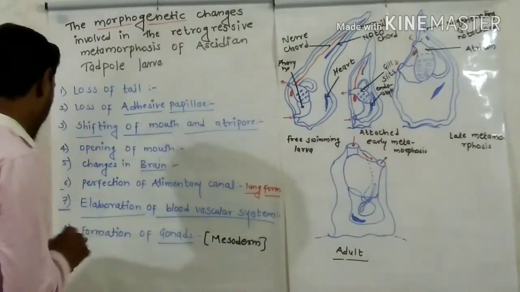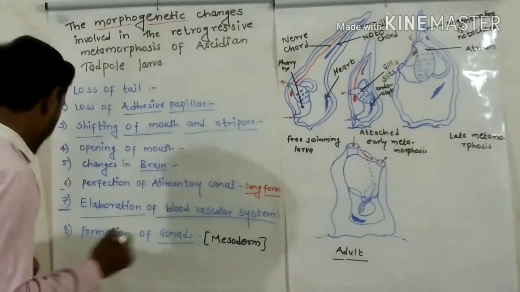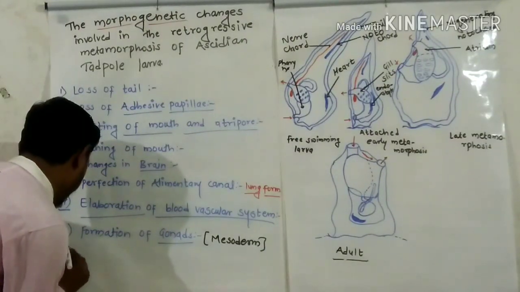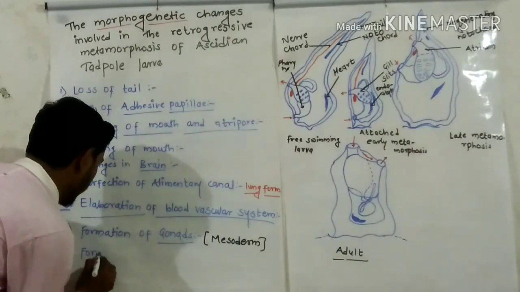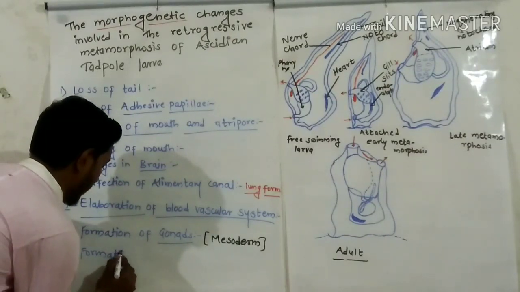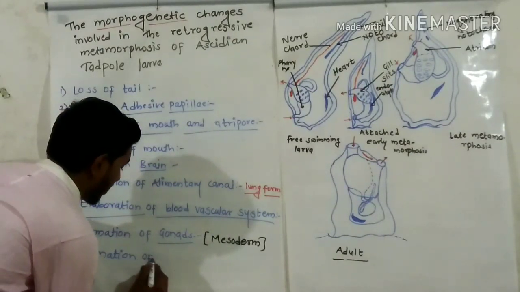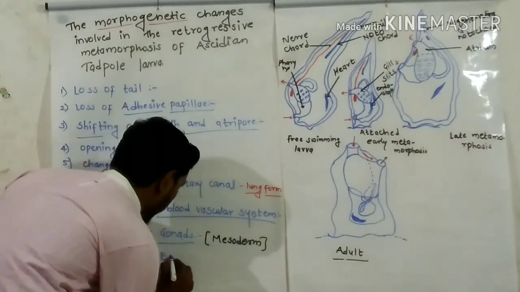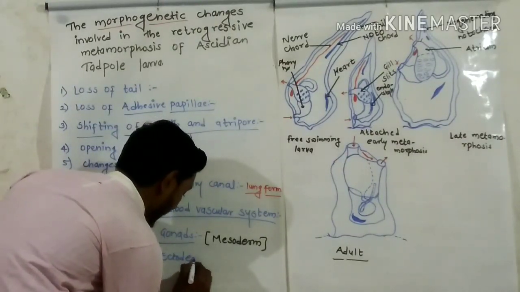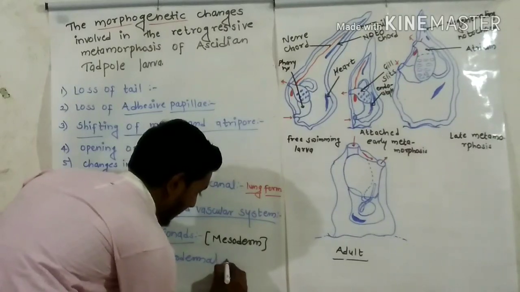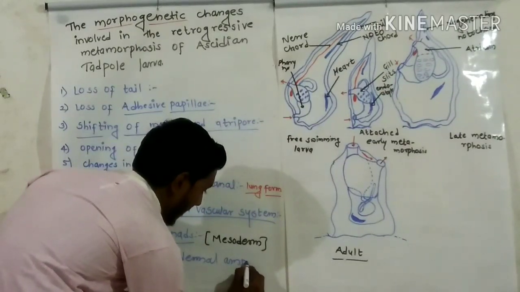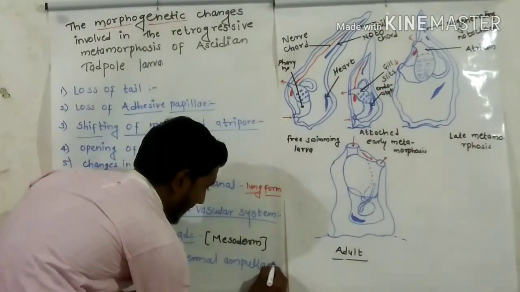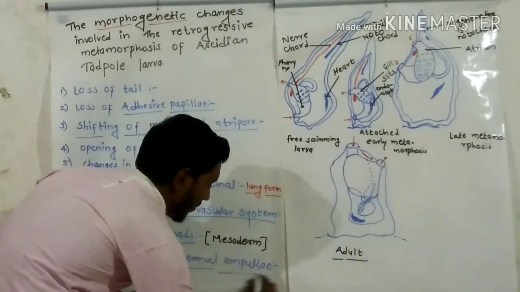Okay, now ninth part is formation of ectodermal ampullae. What is this?